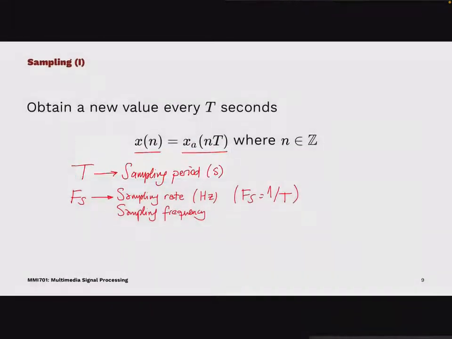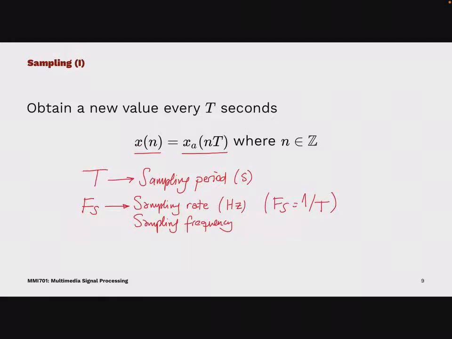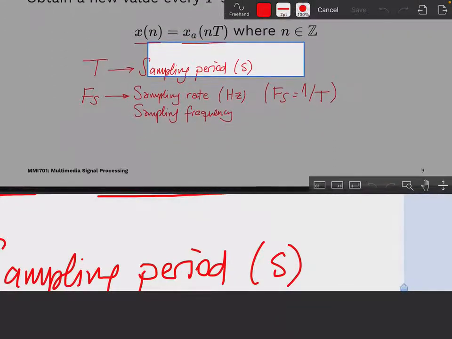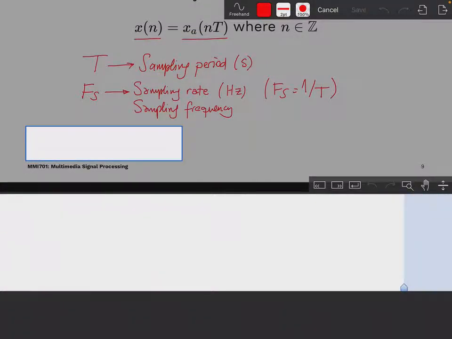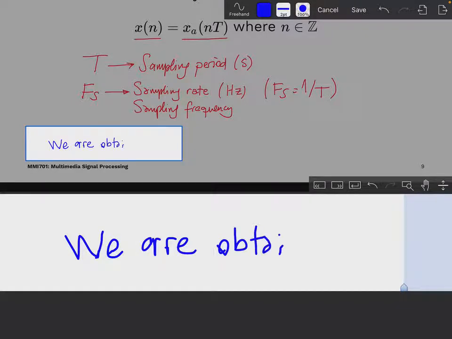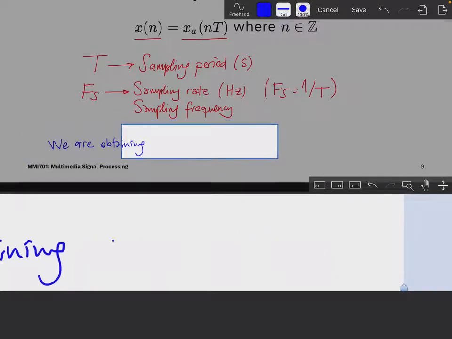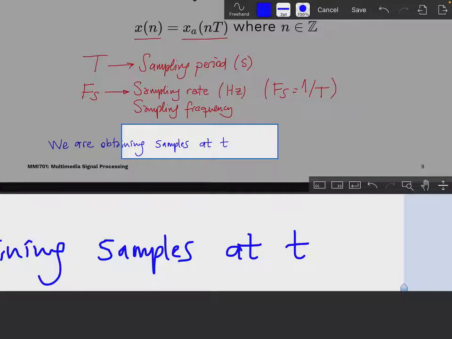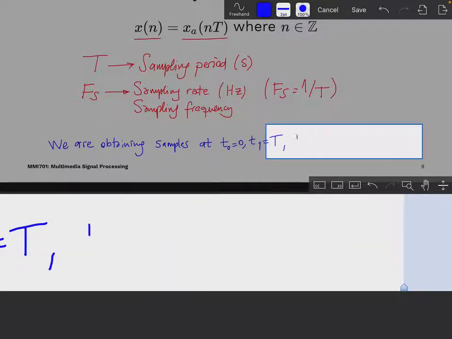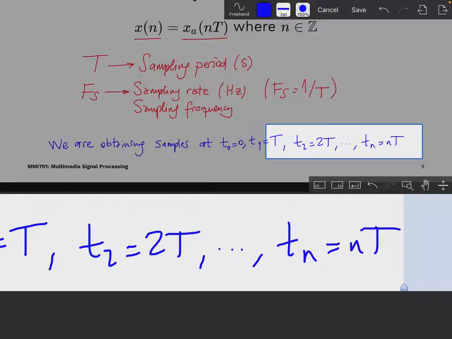So then what we're doing is obtaining samples at t0 equals 0, t1 equals T, t2 equals 2T, etc. And t sub n equals nT.